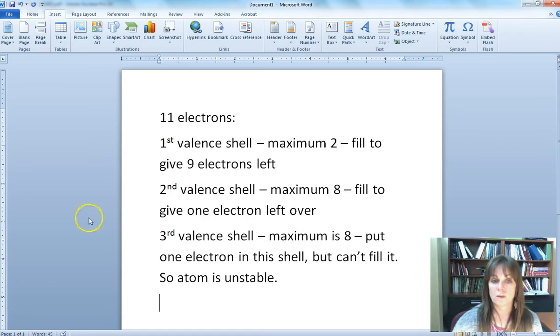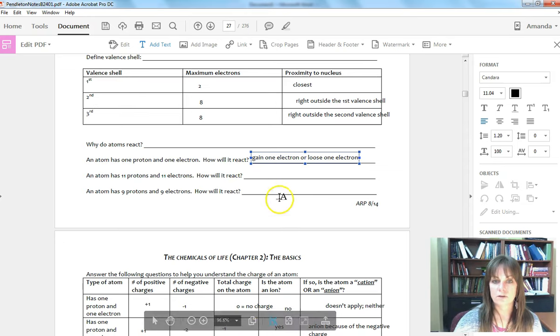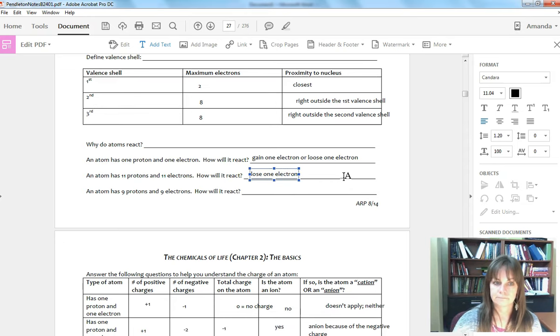We can put 1 electron in it, but the maximum is 8. So we can either gain 7 or lose 1. So what are we going to do? Lose 1 electron. Okay, and so if we're going back over here to our notes, lose 1 electron.